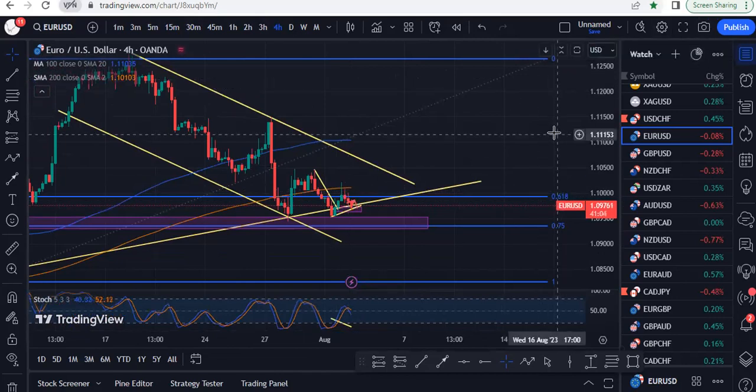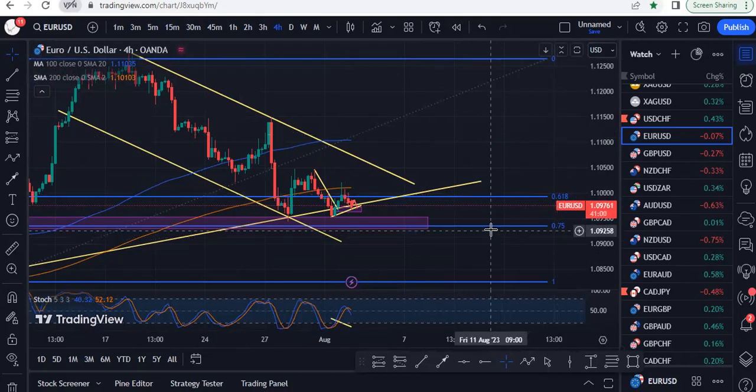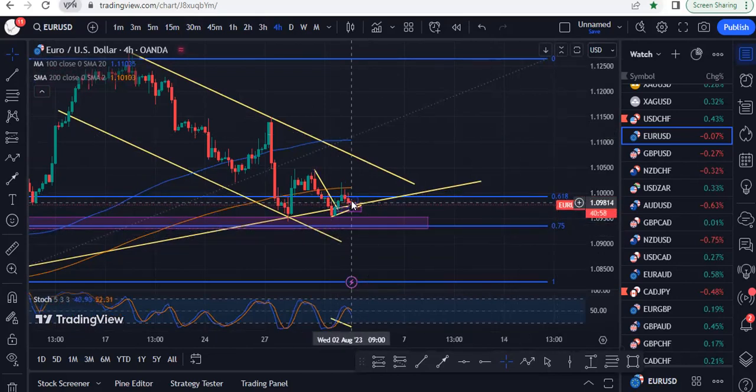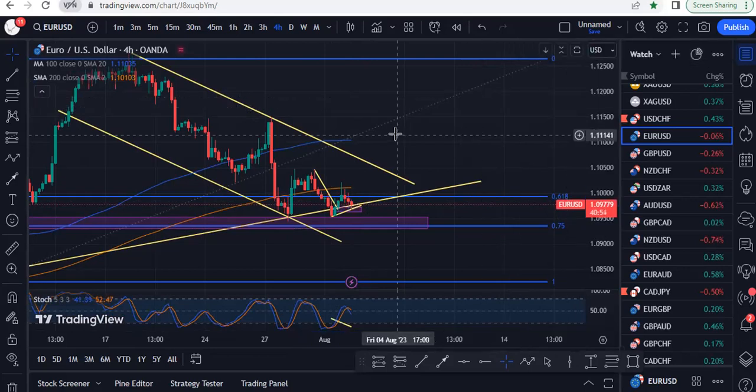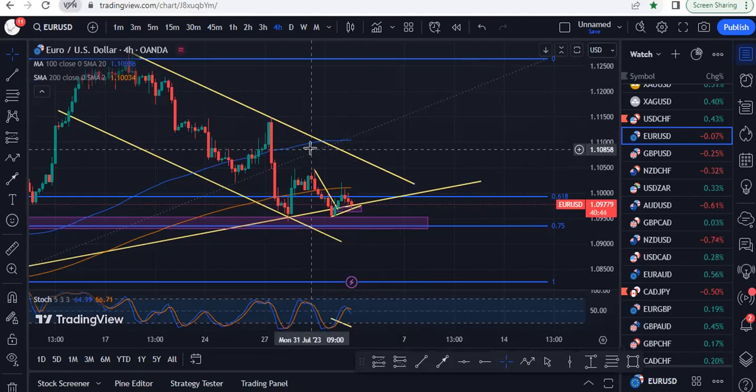Check that Euro USD, GBP CAD, and keep your eyes on them. Okay. All right. But I will be looking at that Euro USD. Something can happen there. I see it has some nice rejections.